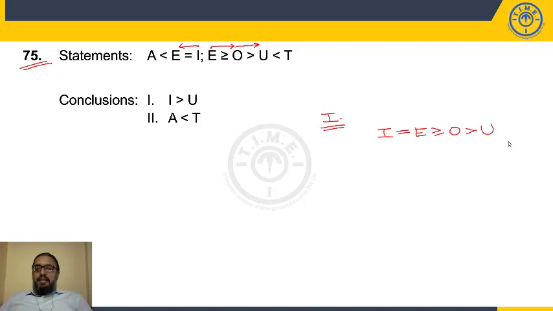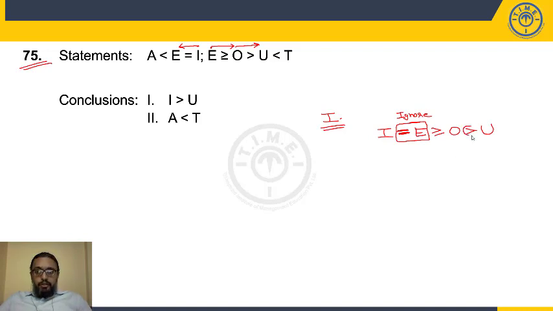Got it? Right. And whenever you have an equal to sign, always solve this equal to sign. Because when you have two elements with an equal to sign in between, it automatically means that the values are equal. When the values are equal, there is no point in taking both of the elements. So I am going to ignore this equal to E. Once I ignore this, for the remaining elements, check which is the common inequality.